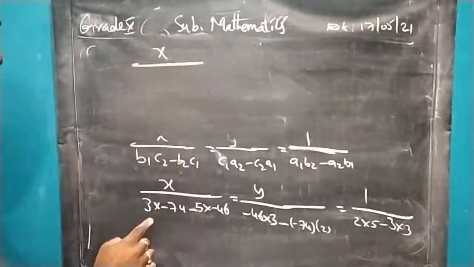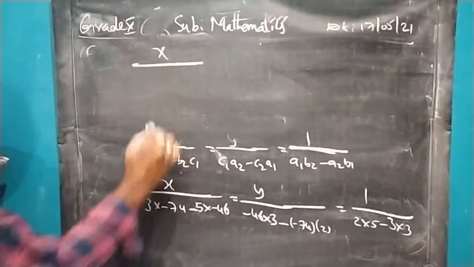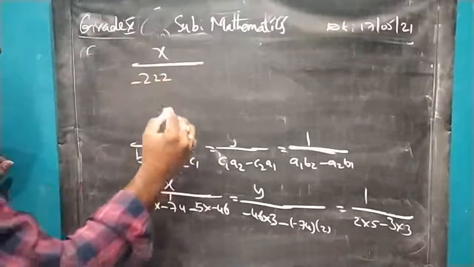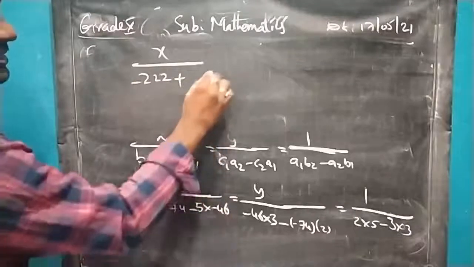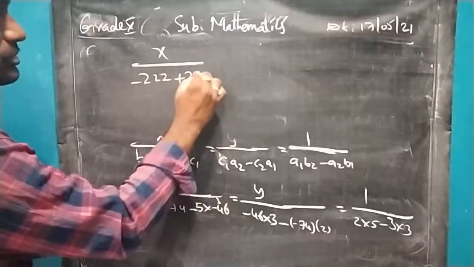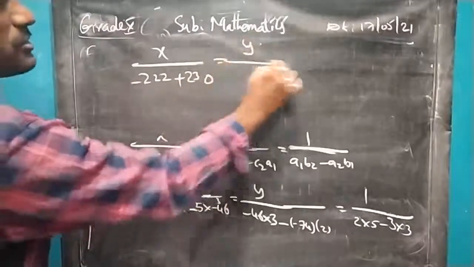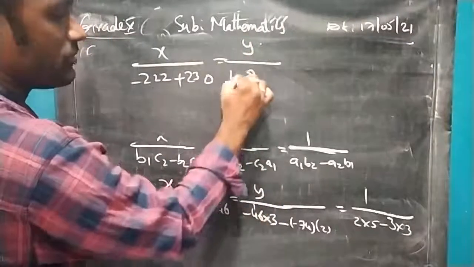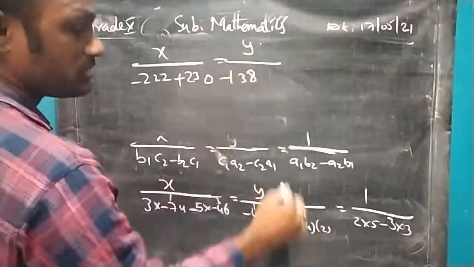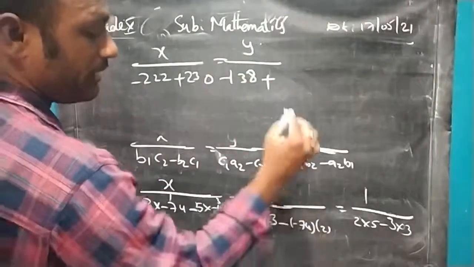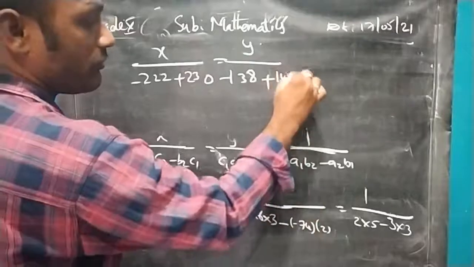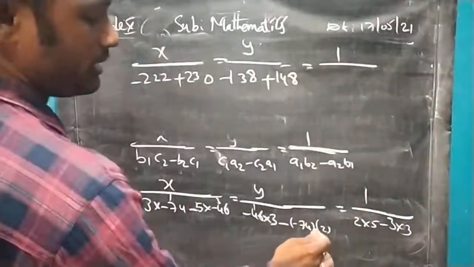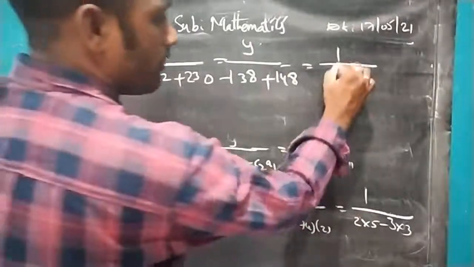x by, 3 4 is 12, 3 7 is 21, 222. Minus the minus plus, 5 6 is 30, 230, is equal to y by 138, minus 138 plus 148, which is 10. So 1 by 10 minus 9.